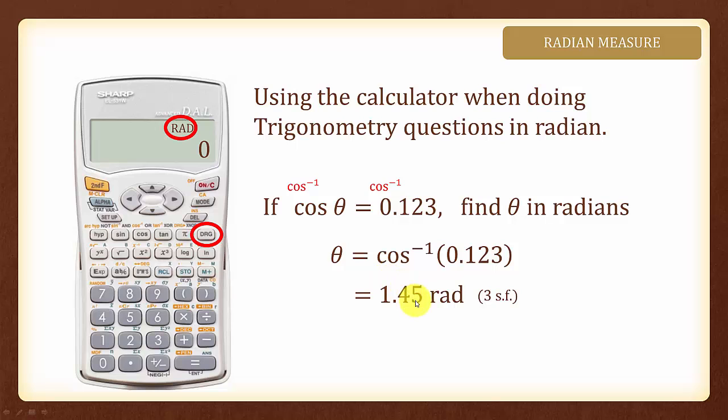The angle is in radian because the calculator is also in radian mode. If the calculator is in degree mode, we will find the angle in degrees. So, using the same question, if the calculator is in degree mode, the answer will be 82.9 degrees rounded off to 1 decimal place, instead of the 1.45 radian found previously.